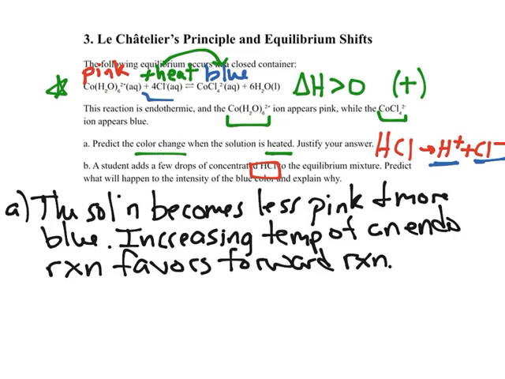However, this chloride is. We are adding more of this chloride to the system. So again, Le Chatelier's principle says it's going to reestablish equilibrium to offset the stress. Well, the stress was that you added a reactant. That's going to push this to the product side again. So part B's answer is going to be pretty similar to that of part A's. Predict what will happen to the intensity of the blue. The blue color will become more intense.